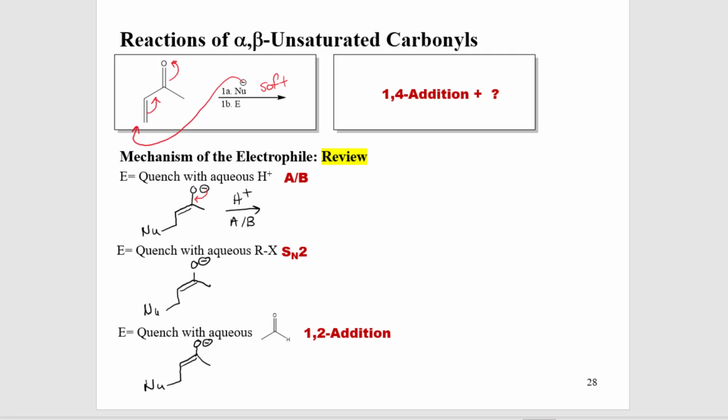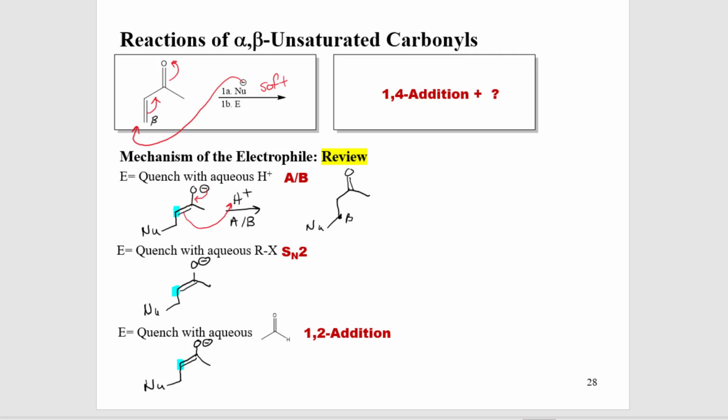The enolate, and again, just remember your enolate carbon is the one that's doing all the attacking. So it collapses down and protonates. Your new product is this ketone with the nucleophile at the beta position. Right, so you added a new bond at the beta position over here, the 1,4 addition.